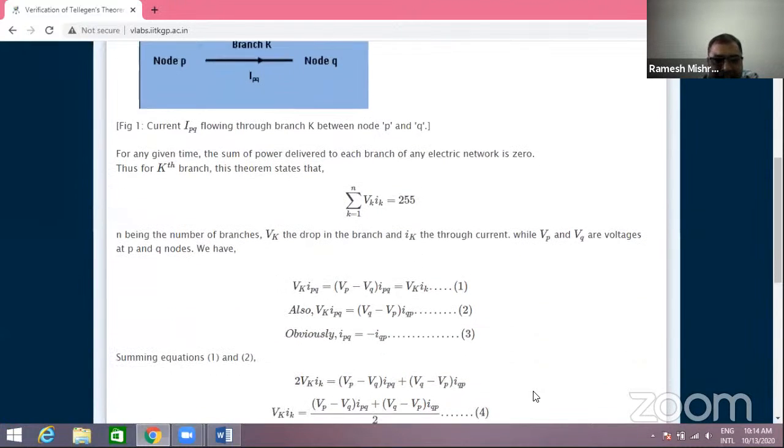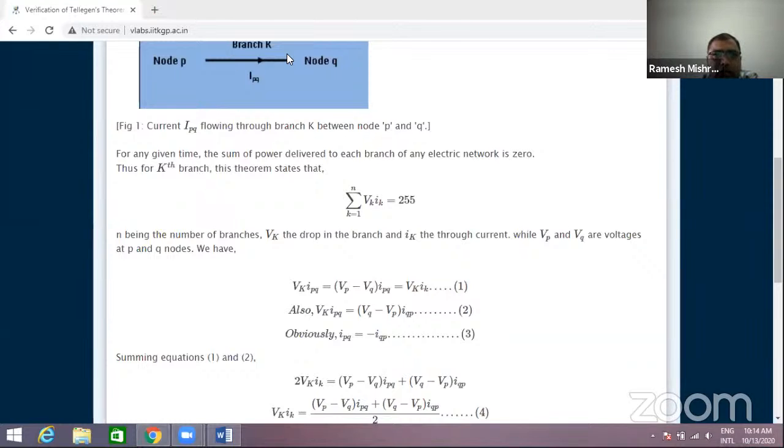Now we can write it like this: the total voltage across this branch is equal to Vk and the total current through branch K is equal to Ipq. So what is the value of the total voltage?